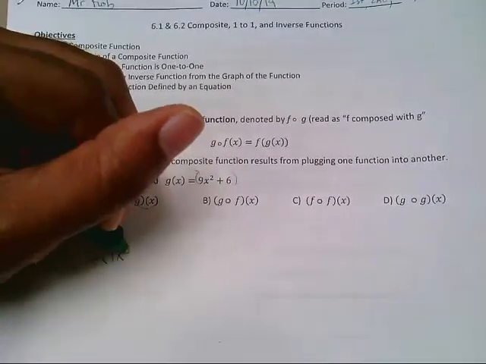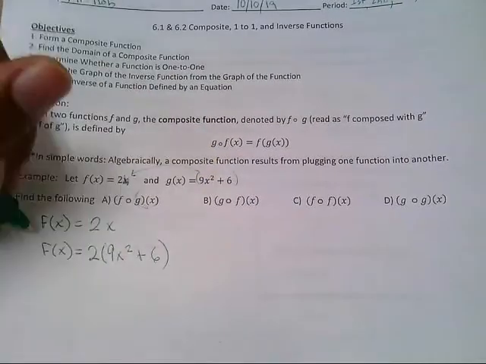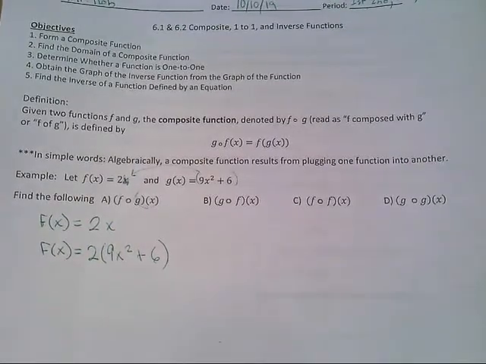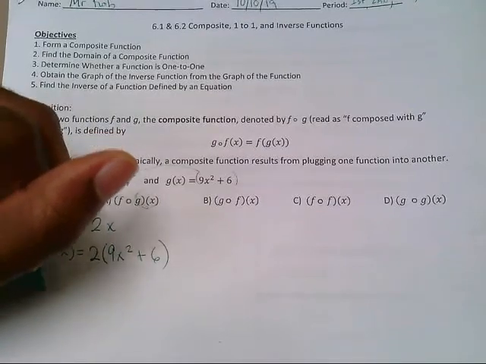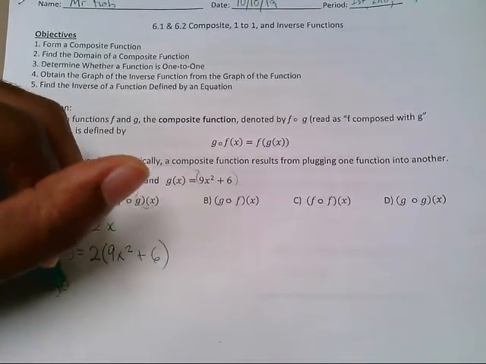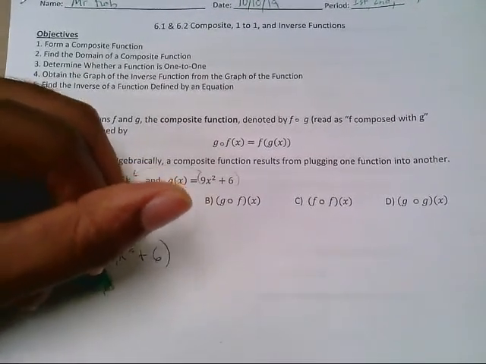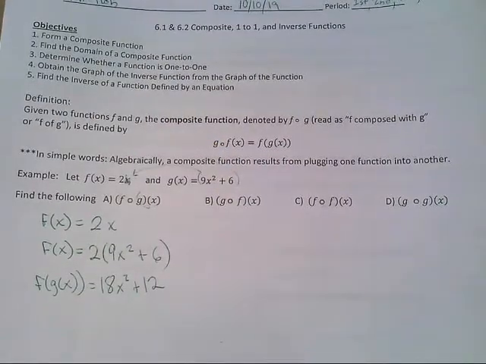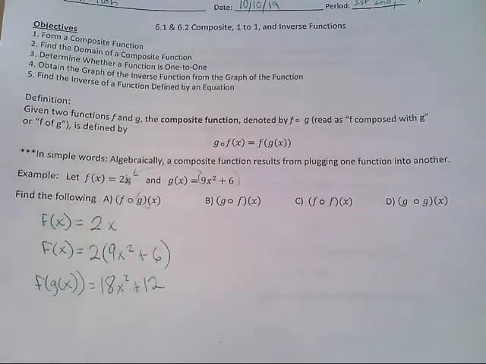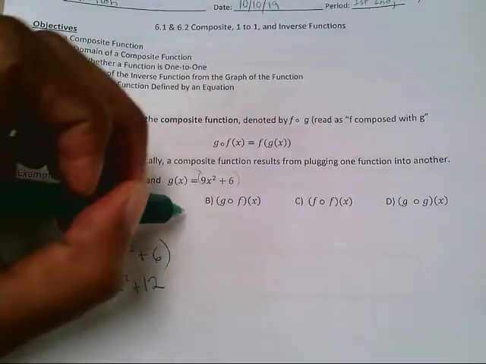Then we just simplify what we have left. So f of g of x is going to be 18x squared plus 12. And that is our composite function after we plug g of x into f of x.